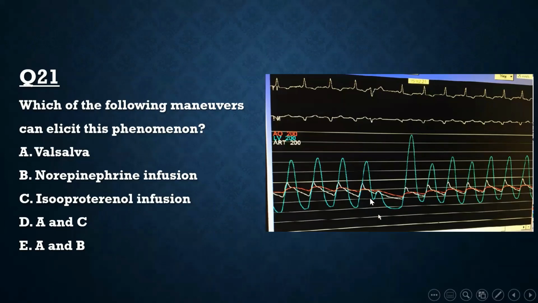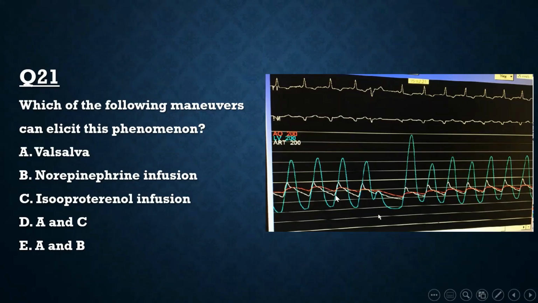So what other features here support this is likely HOCM? You mentioned the most important things and need to finish this to conclude the answer. Yeah, decreased pulse pressure after PVCs. This is finished, already done. Yes. What else? Okay. If you look at the configuration of the aortic tracing, you will find there is spike and dome.